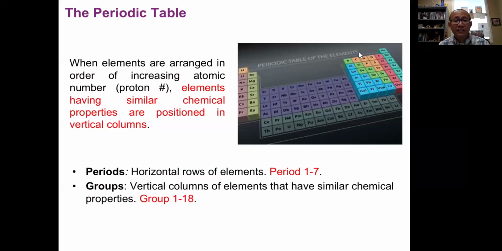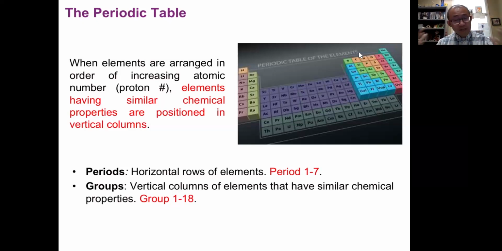After you do that, you find that elements with similar properties are positioned in the same columns. Elements of similar properties always fall in the same column.